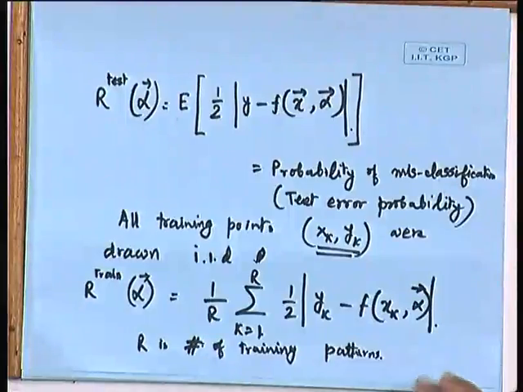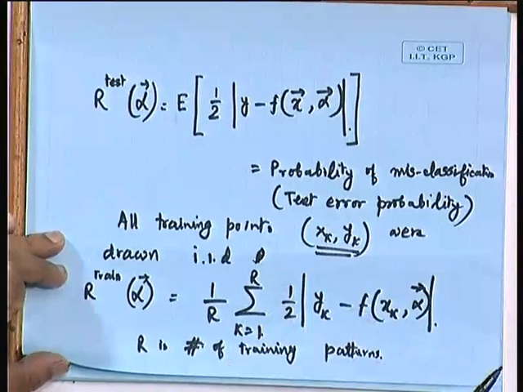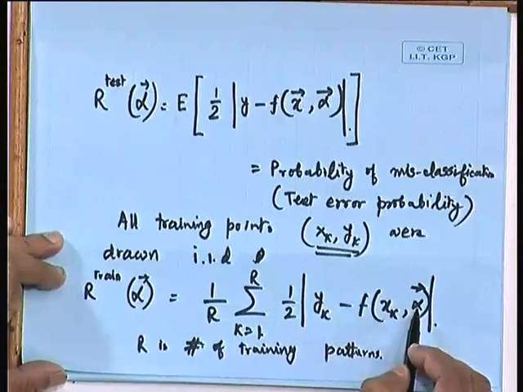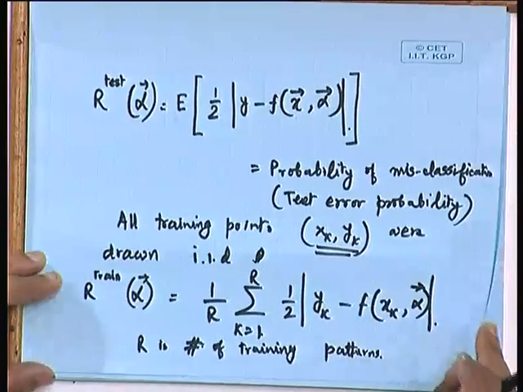I am not putting different free parameters for different test patterns. The free parameters of the system are already adjusted, maybe at the end of training. It is not that every independent pattern has its own parameters. This is a characteristic of the network, whereas xk, yk is a pattern. So, let us not confuse between these two.